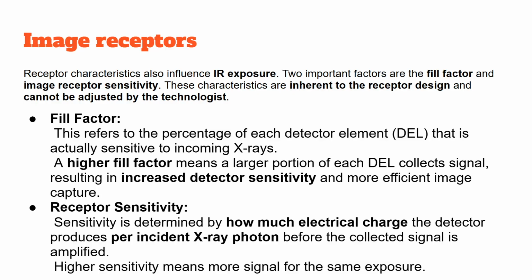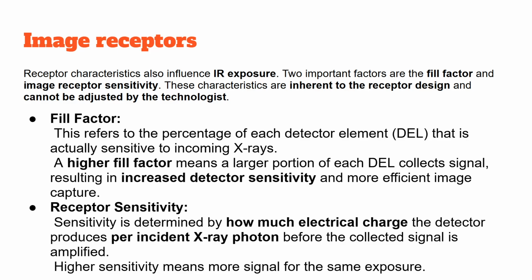So earlier when we were talking about the 80%, that is what this is talking about. A higher fill factor means a larger portion of the DEL collects signal, resulting in increased detector sensitivity and more efficient image capture. We like efficiency. Efficiency is basically always great.